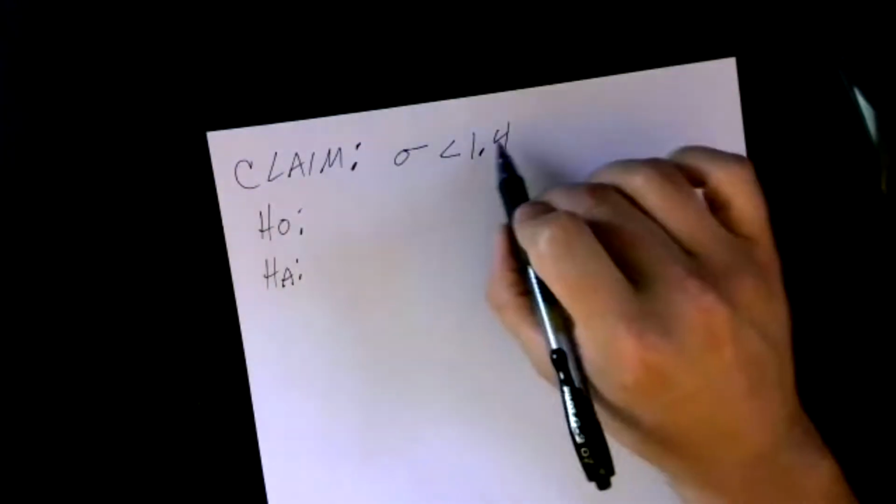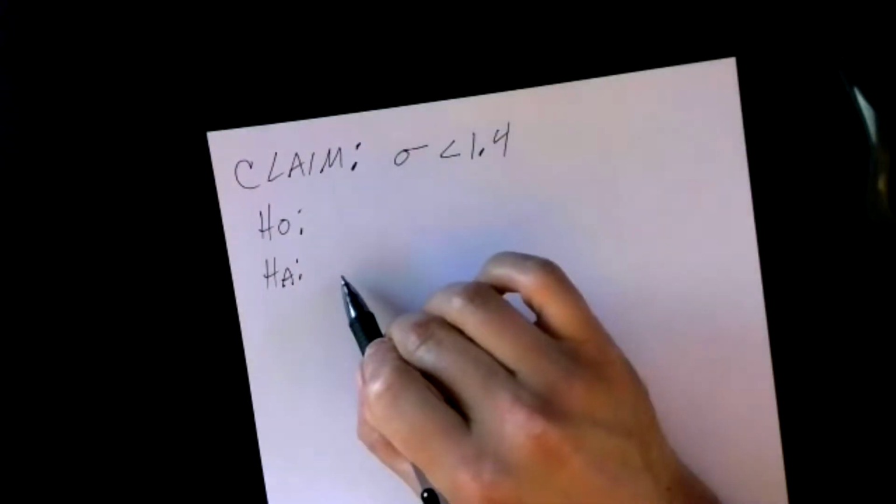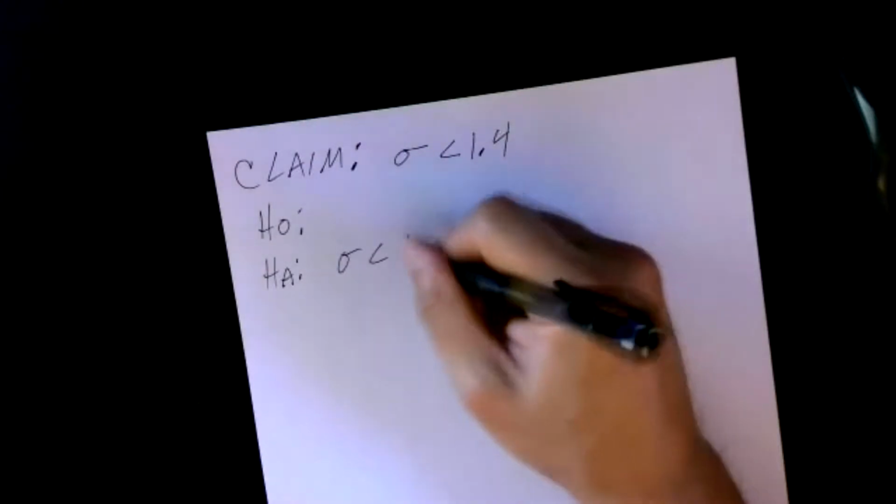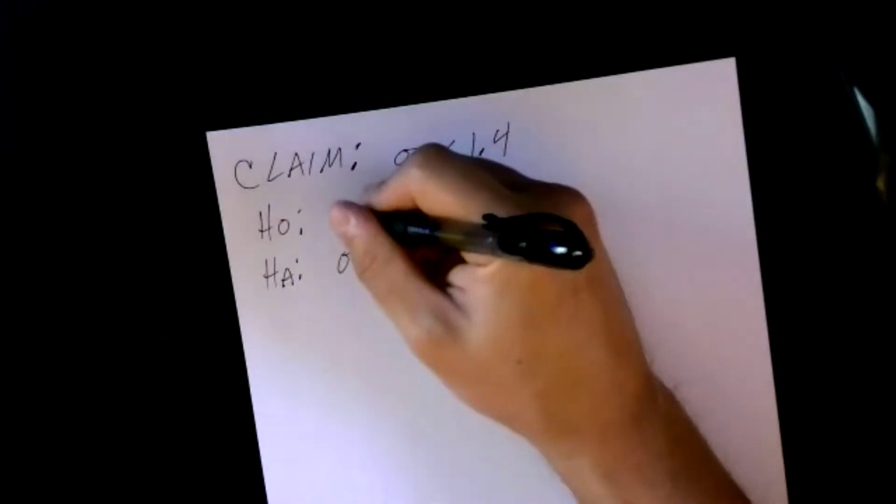State the hypotheses. The claim does not contain equality, so it goes in the alternative. Therefore, the null is the complement, greater than or equal to 1.4. Draw your picture.